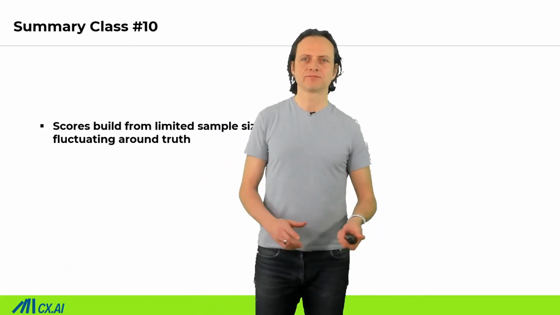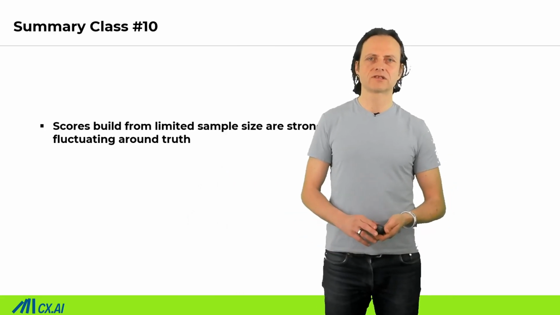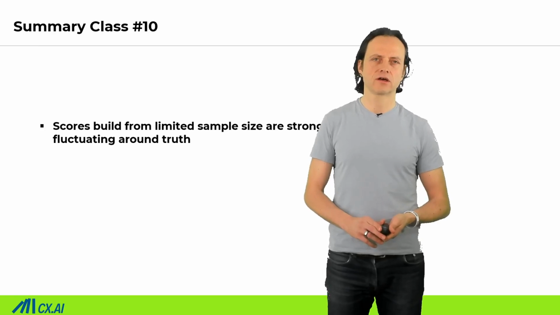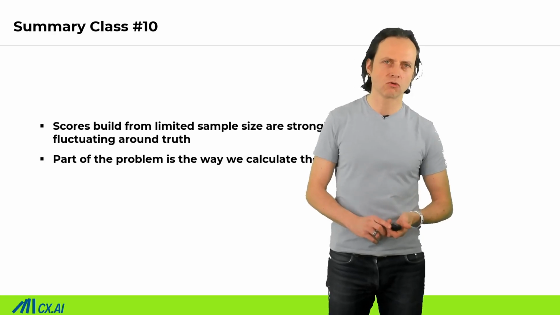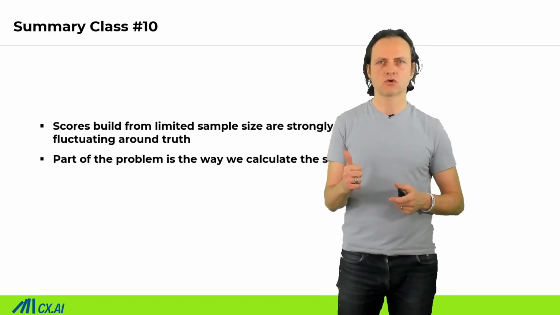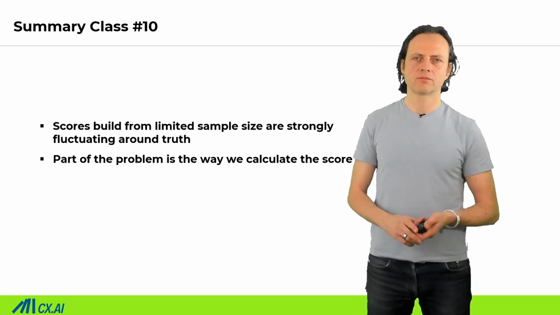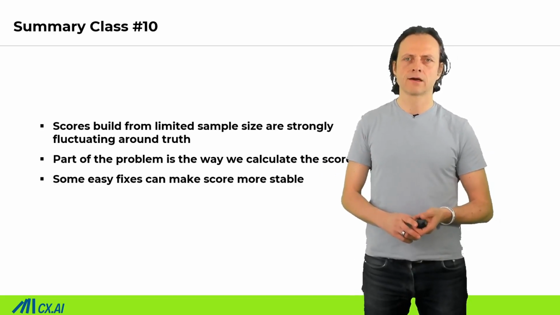Let's summarize. Scores built from limited data sizes fluctuate strongly around the truth. Part of the problem is the way we calculate the score. Ratio scores, as well as weighting, are the big things to look at. Some easy fixes can make the score more stable.